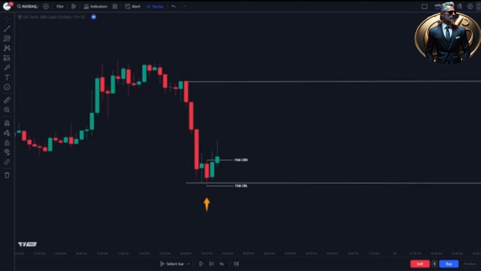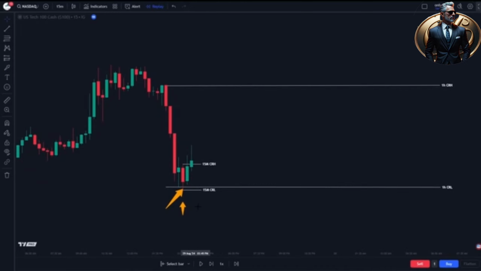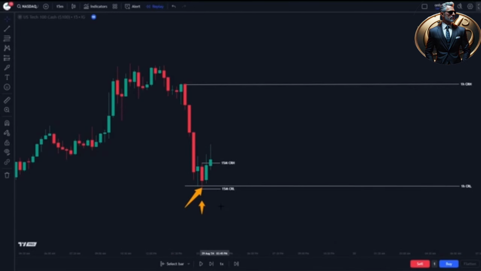If you look closely, you can see that the 3 p.m. candle sweeps below the range of the hourly 2 p.m. candle with its wick, and then immediately pushes back inside the 2 p.m. candle's range.